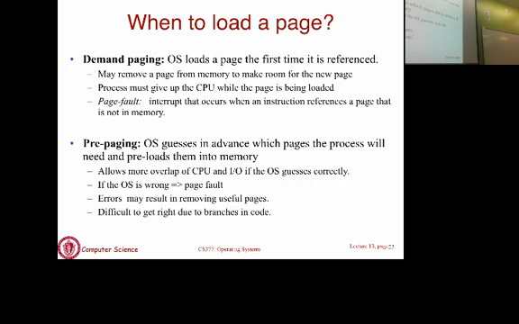A page fault says that the process touched a page that was not resident in RAM. So at that point, the OS is going to suspend execution of the process and go off and try to fetch that page. Eventually, it's going to read the page from disk into memory. At that point, you can resume execution of the process. You restart the instruction that caused the page fault. This is called demand paging.